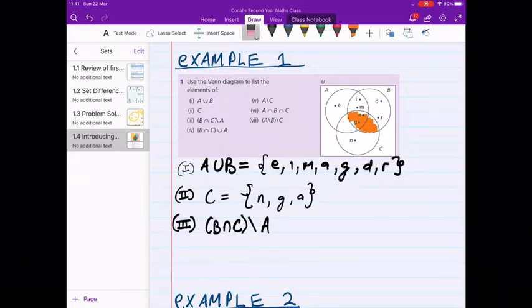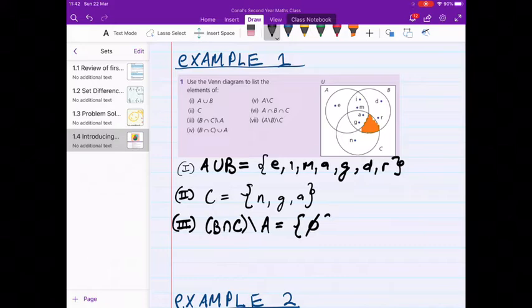But then we want to exclude the part that's in A. So if we exclude the part that's in A, we only have this section, which has no elements. So that will be a null set. So we can use that symbol for null set. Sorry, so that should look more like a circle with a line straight through it. Or we could use a pair of empty curly brackets, whichever you prefer to use.